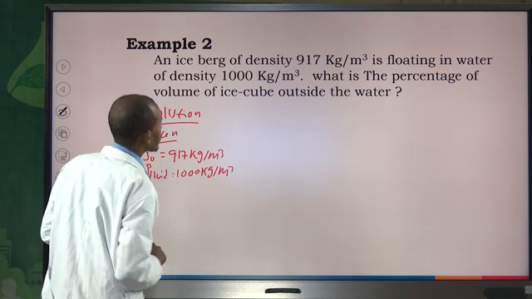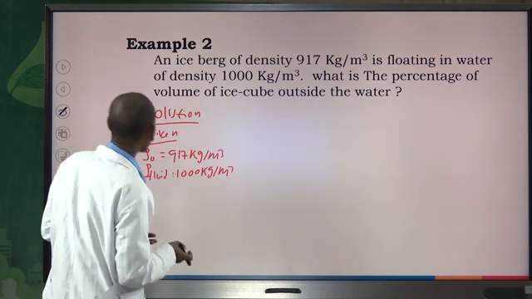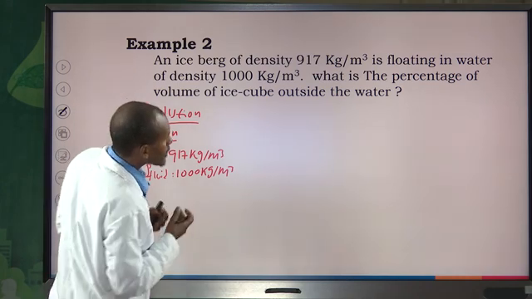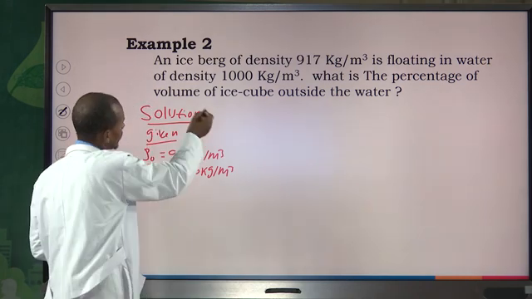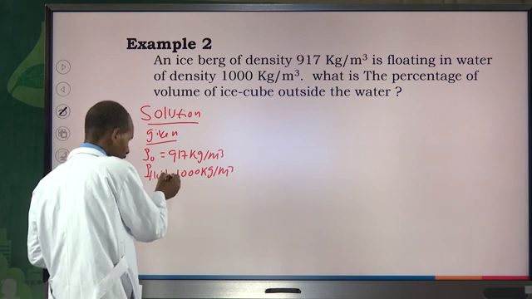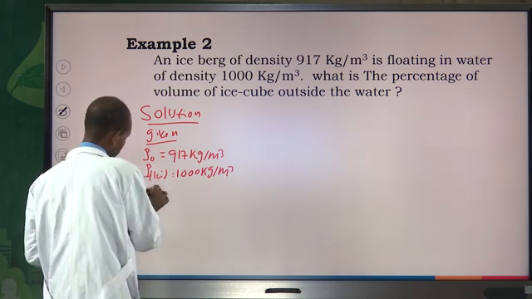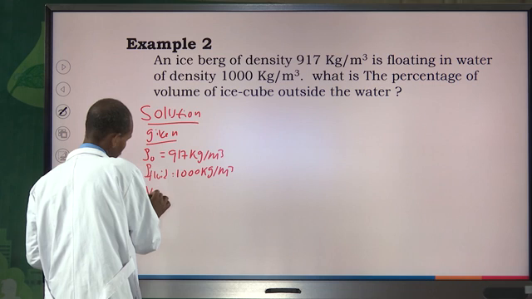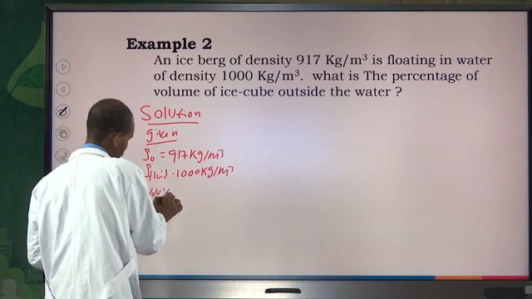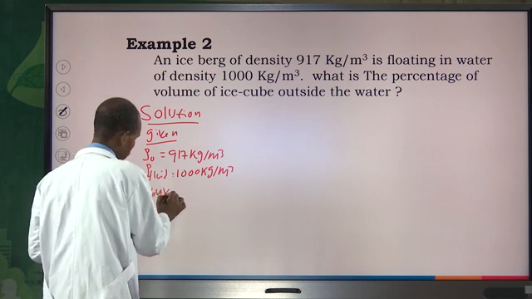This is water. What is the percentage of the iceberg outside the water? So the required is the part of the volume V outside, in percentage.